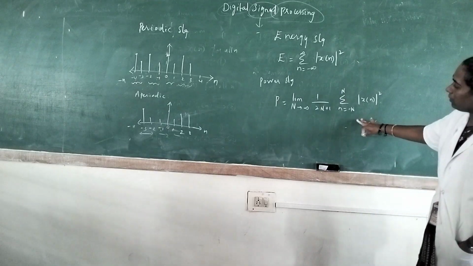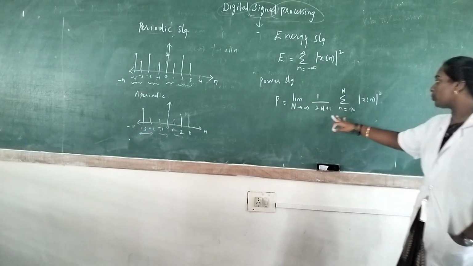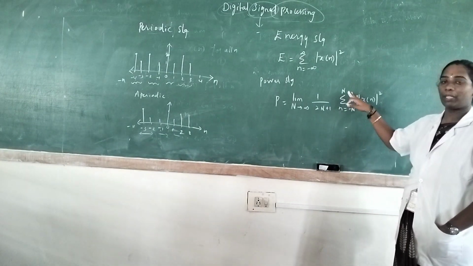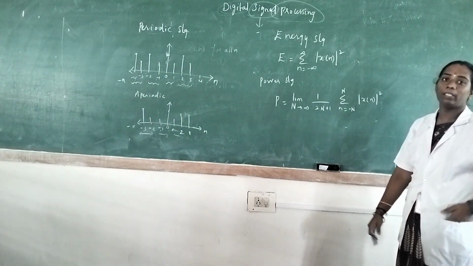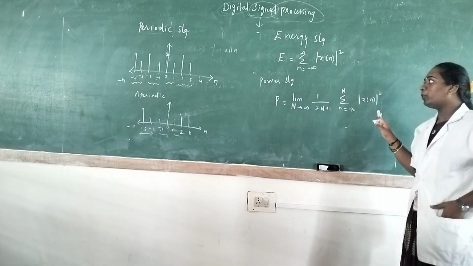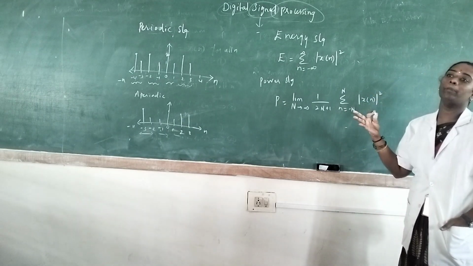And for power, limit N tends to infinity of 1 by 2N plus 1, summation n equal to minus N to N of modulus of x of n whole squared. So these are the formulas for energy and power.